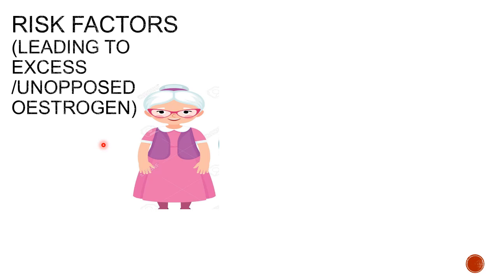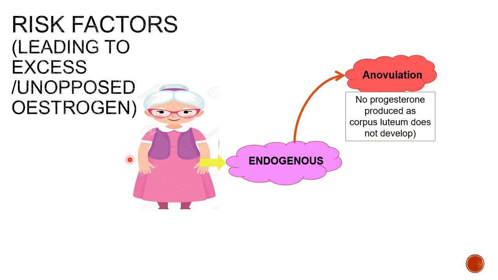We'll start with examples of endogenous sources of estrogen. The first one is anovulation. Anovulatory states mean that there will be no corpus luteum developing, and therefore no progesterone being produced. So whatever estrogen is present in the body is now unopposed.